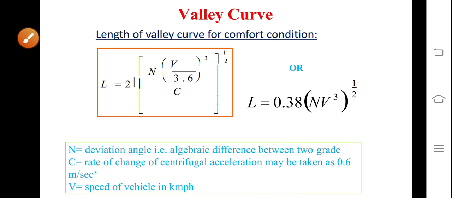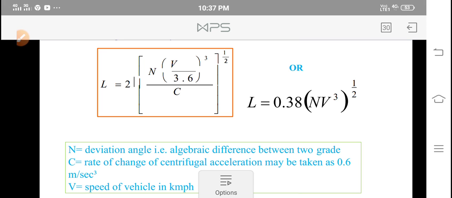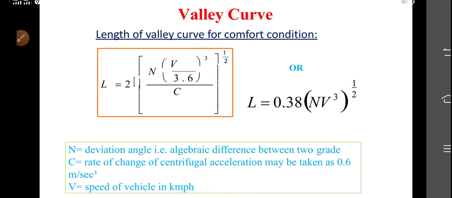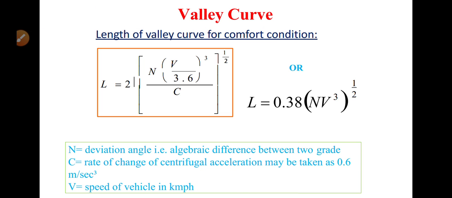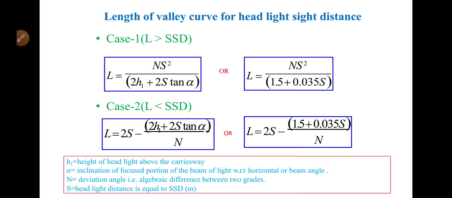Formula is L is equal to 2 times N whole multiplied by v by 3.6 whole cube. This is small v, so that we can convert into capital V, divided by C whole to the power of half.